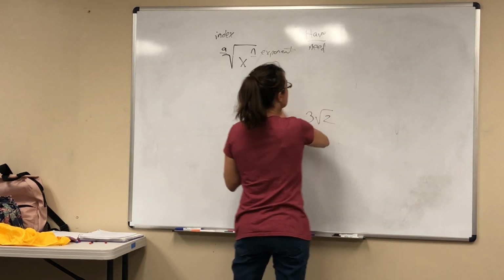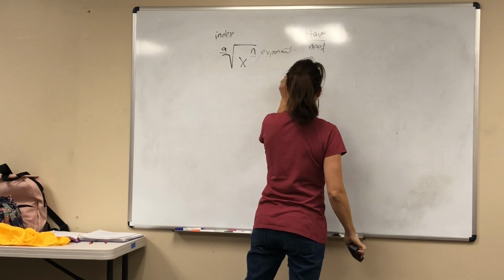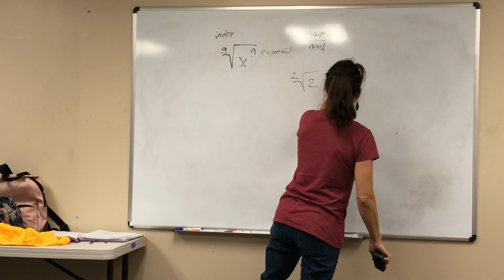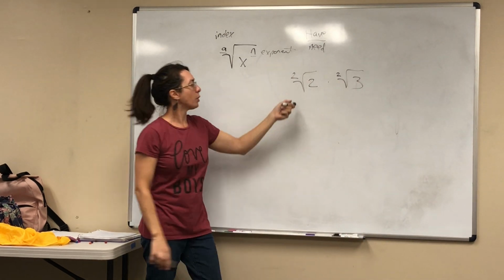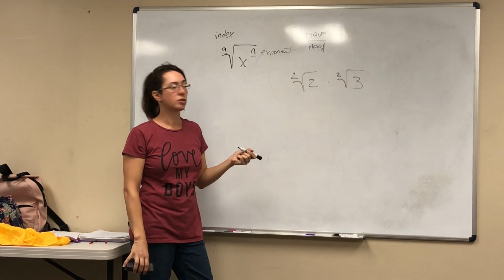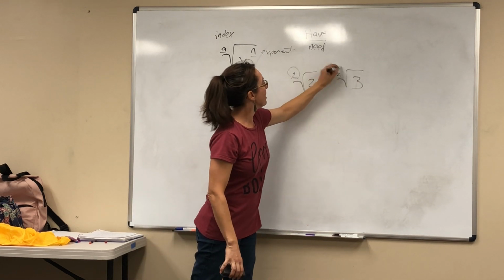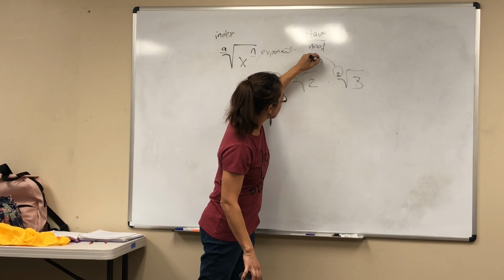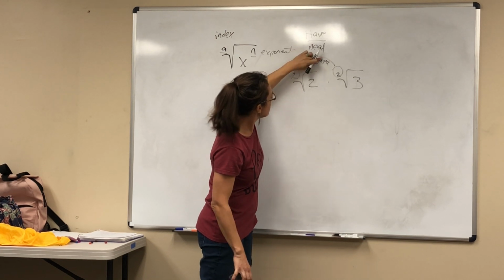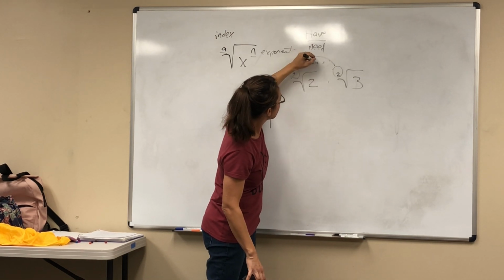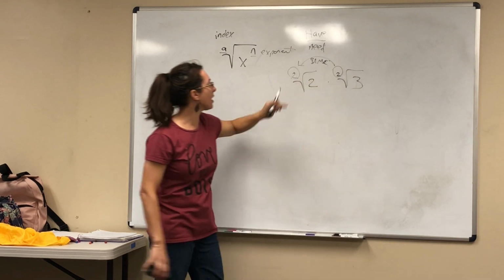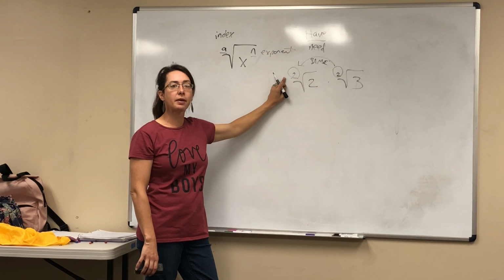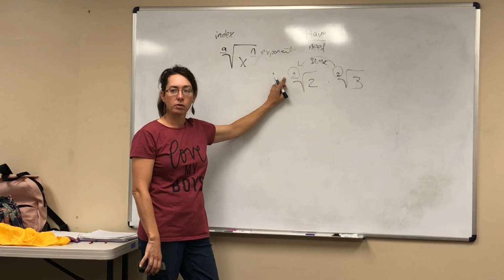Now, if we are multiplying roots, the indexes have to be the same, right? The indexes have to be the same because you have to be putting them in the same amount of groups, correct?